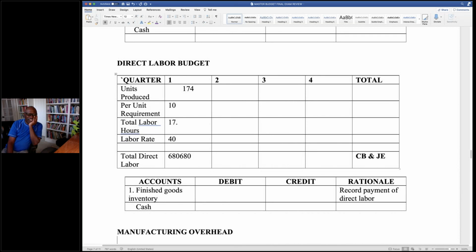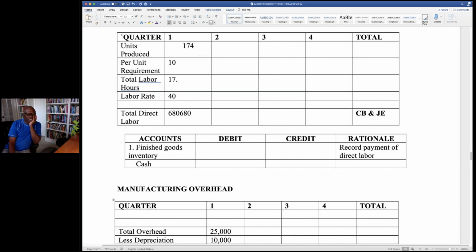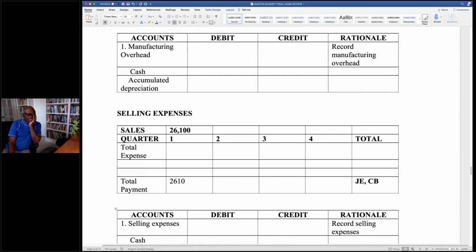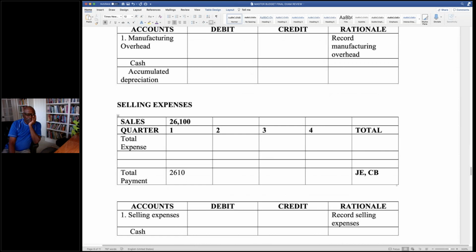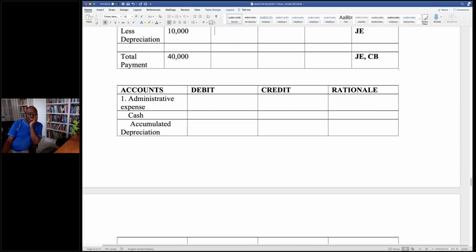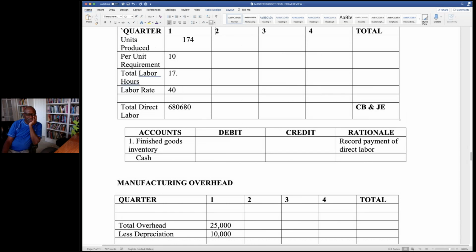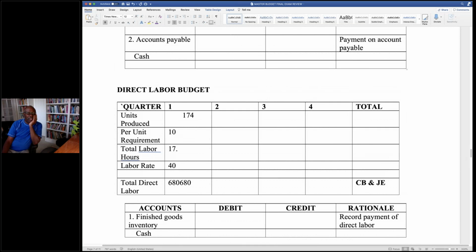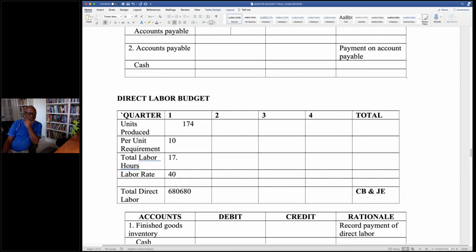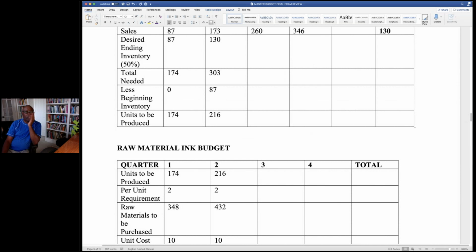No. Oh, the 800 and no, no. You're gonna find it going back the other way, the raw materials budget. Go back the other way. Keep going. Stop. See that units to be produced, you see it 2 places. 216.